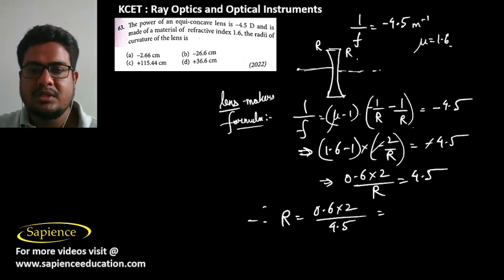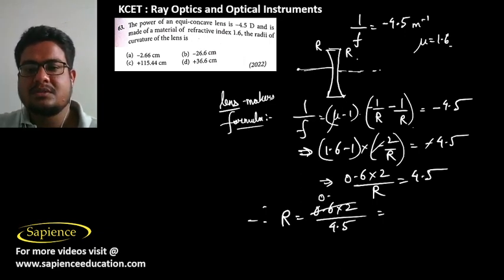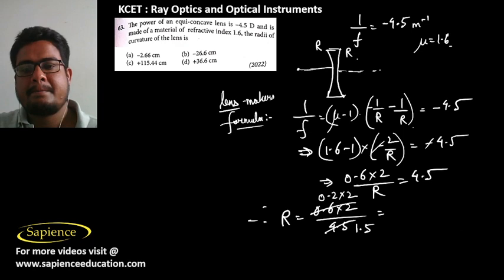So r will be equal to 4 by 15 meters. So we can convert it into centimeters.